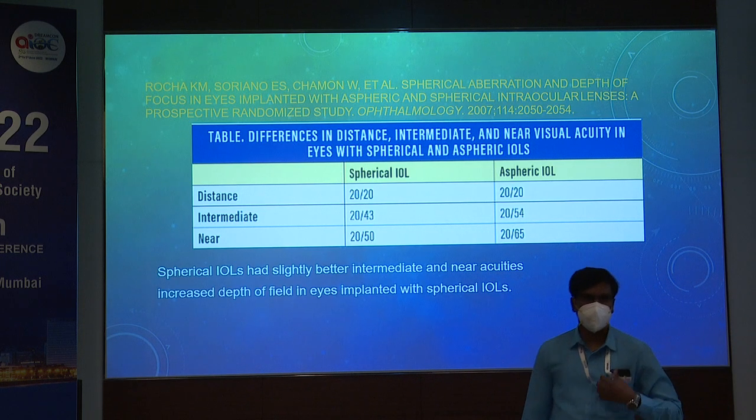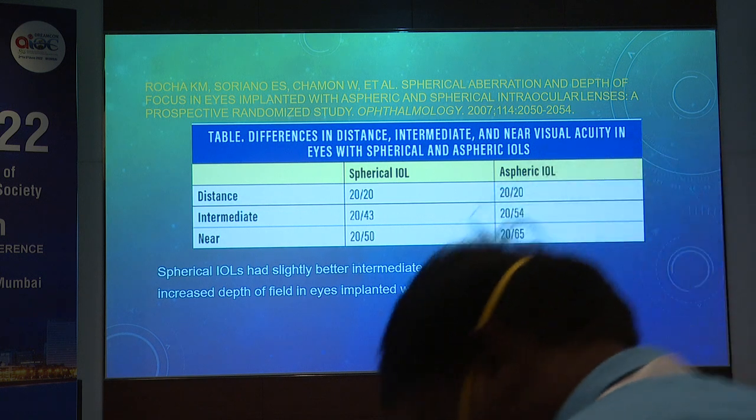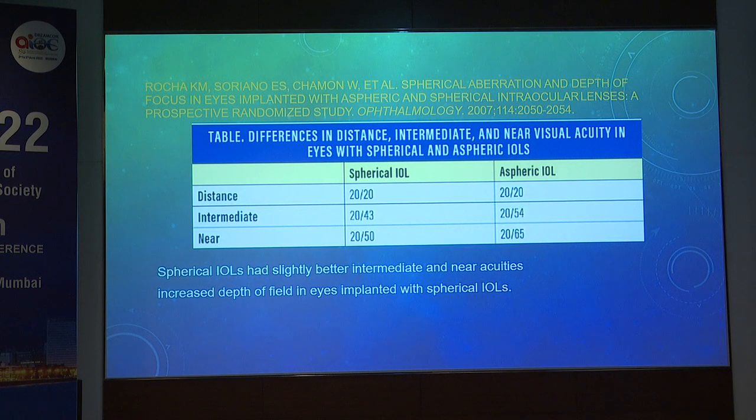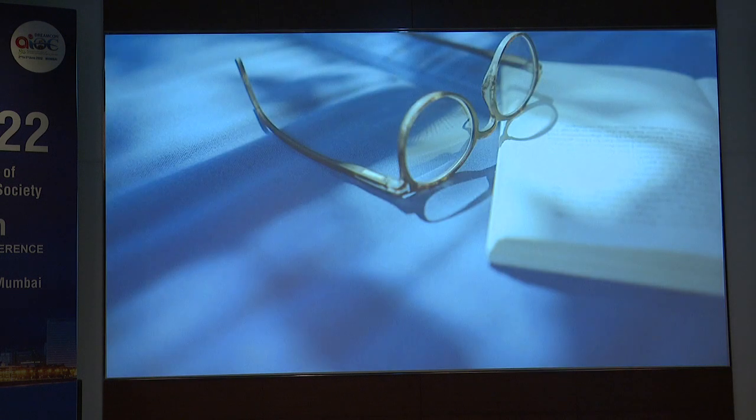And the increased depth of field was in the eyes which were implanted with the spherical IOLs. And it was such that, like I said earlier, the dominant eye had the aspheric and the non-dominant had the spherical IOL.